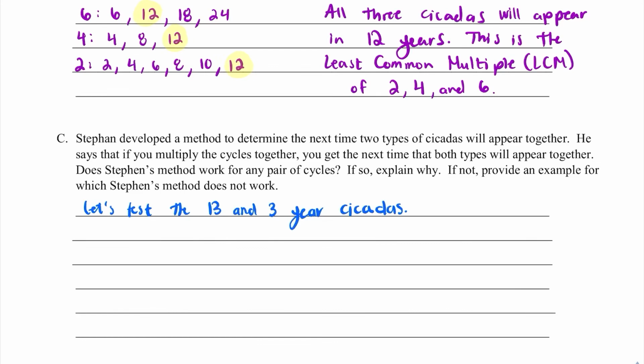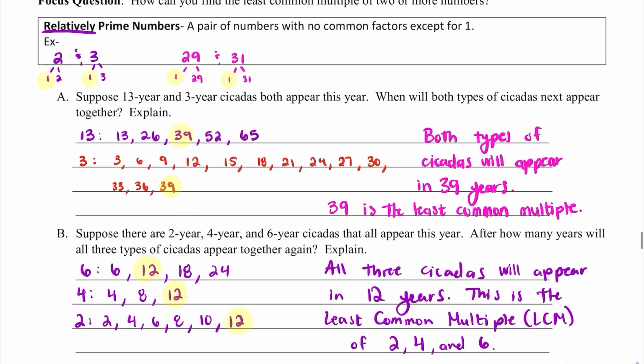So remember, Stephen argues that if you multiply the cycles together, you get the next time that both types will appear together. Okay? We already know the least common multiple for 13 and 3. We know the LCM of 13 and 3 is 39, right?